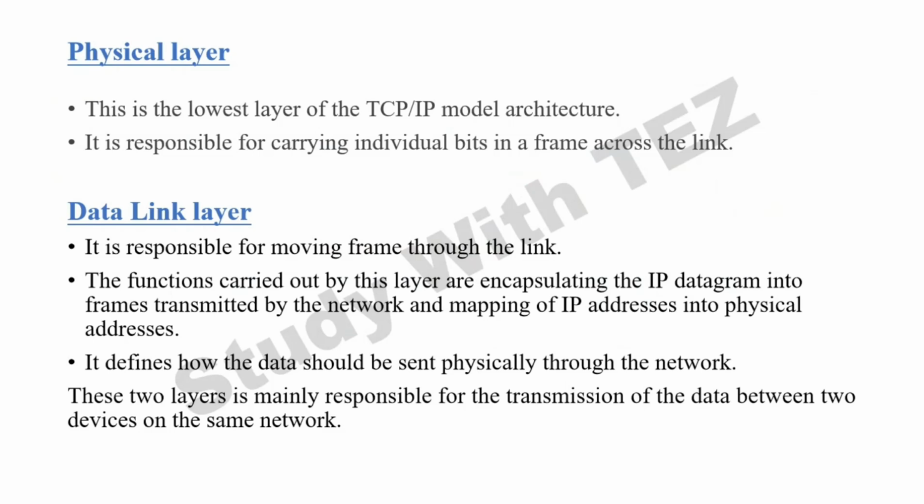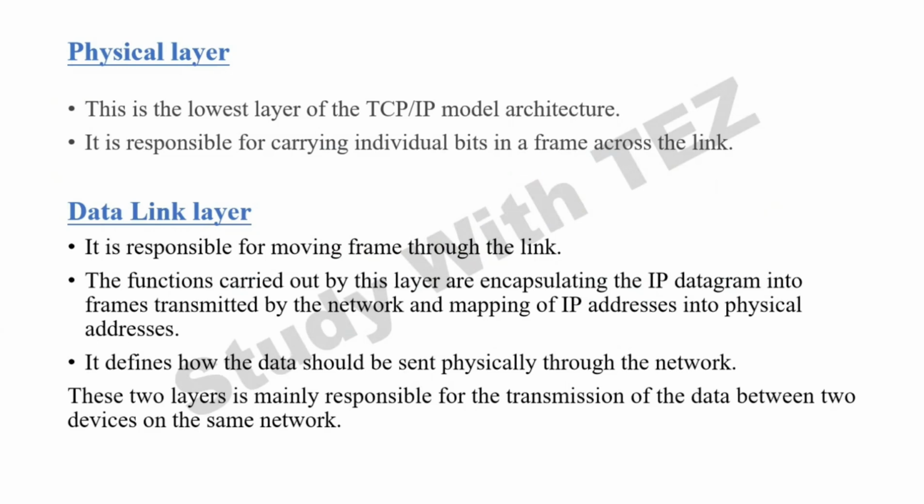Next, coming to the data link layer. Basically, there may be several overlapping sets of links that the datagram can travel through from host to destination. Here, it is responsible for moving the frame through the link. The functions carried out by this layer are encapsulation of the datagram into the frames that are transmitted by the network, and mapping the logical address to the physical address.